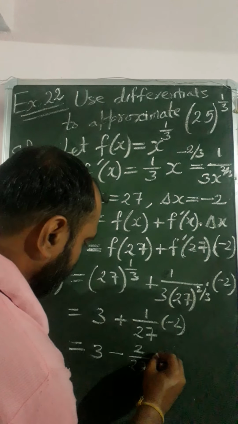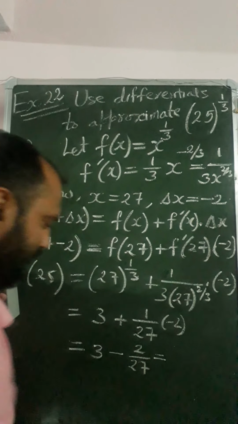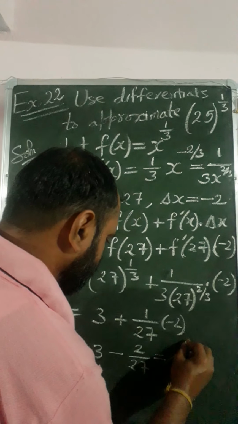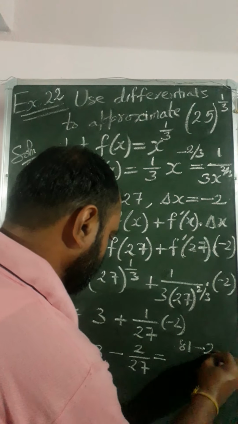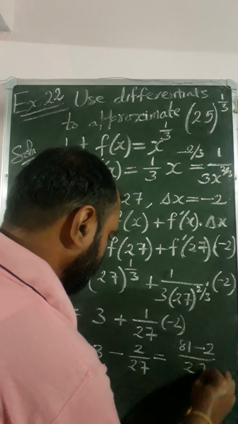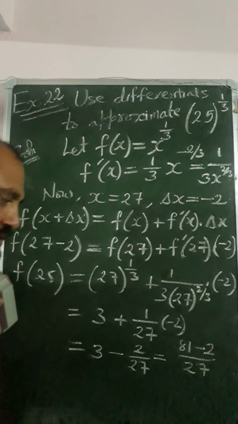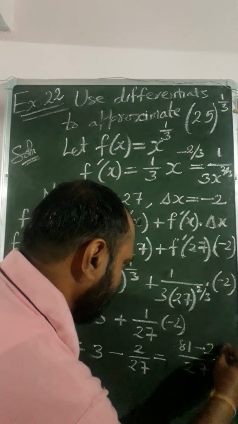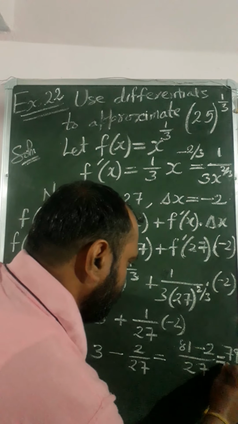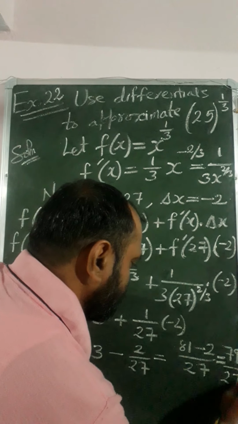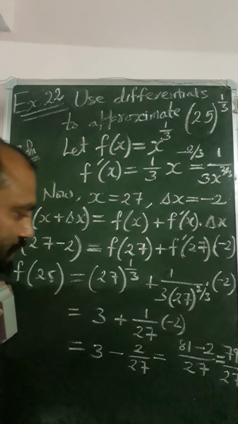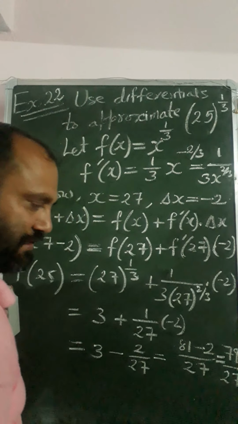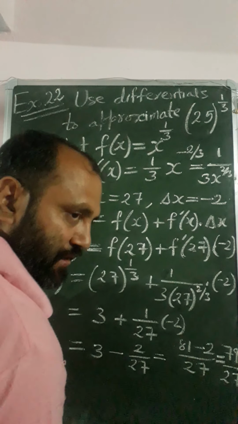So when we simplify this, we get 81 minus 2 upon 27. So this is 79 over 27. Is it 79? Yes, this is 79 over 27.